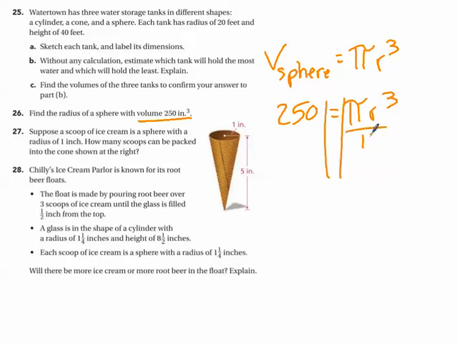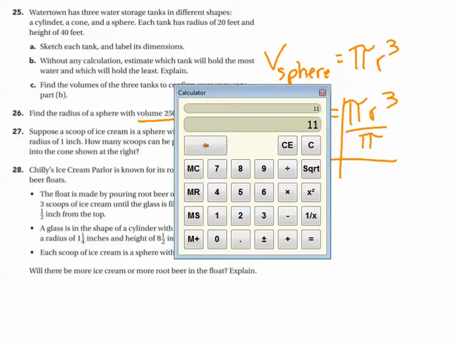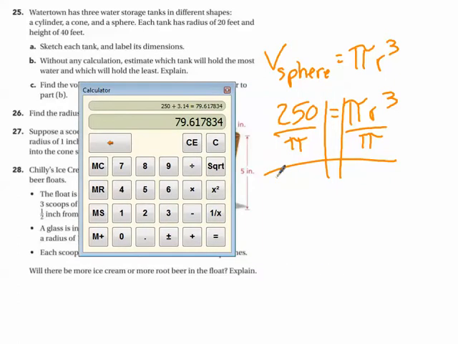I'm going to divide by pi and divide by pi. Now I've got 250 divided by 3.14. So I have 79.6 is equal to radius cubed.